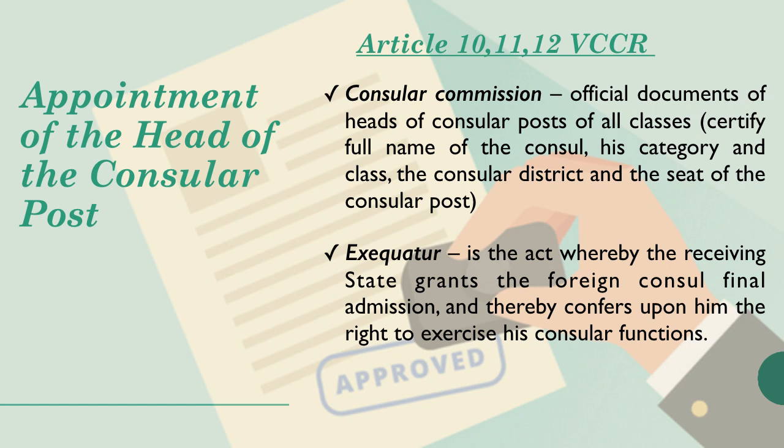A state which refuses to grant an exequatur is not obliged to give the sending state reasons for such refusal. Subject to the provisions of Articles 13 and 15, the head of a consular post shall not enter upon his duties until he has received an exequatur.